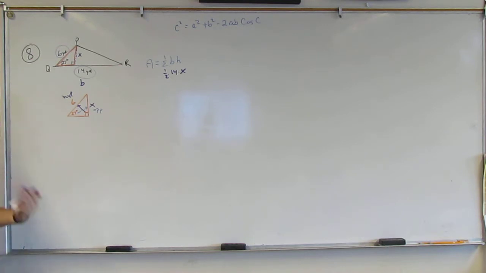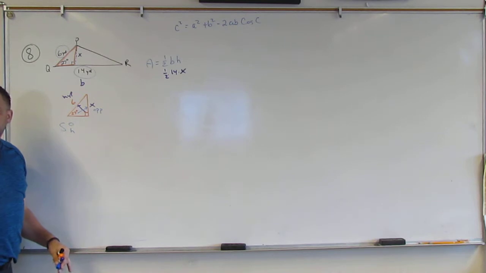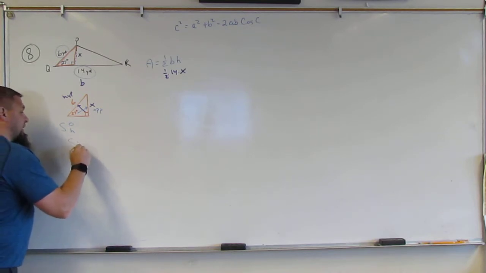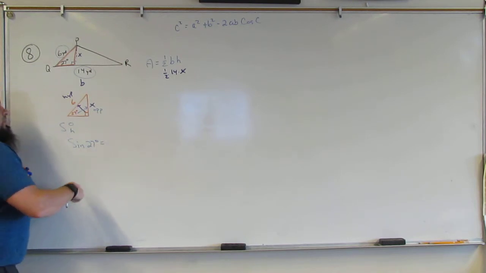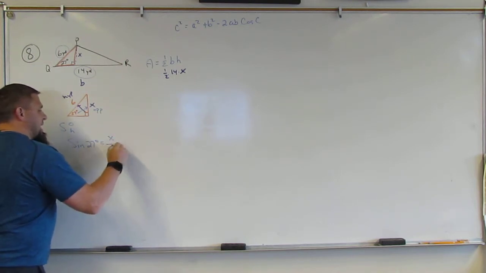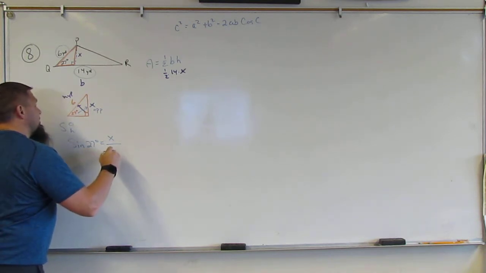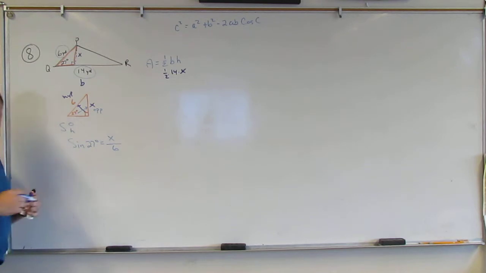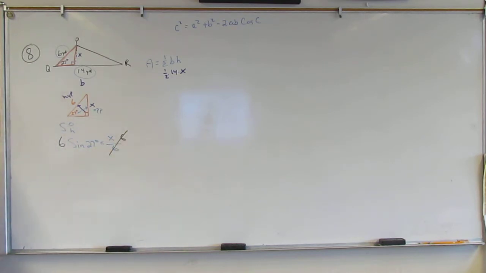So it's dealing with h and o, which is sine, right? So then we're talking about the sine of 27 degrees is equal to opposite, in this case x, over the hypotenuse, which in this case is 6. Now I'm going to multiply both sides by 6, and I get 6 sine 27 is equal to x.